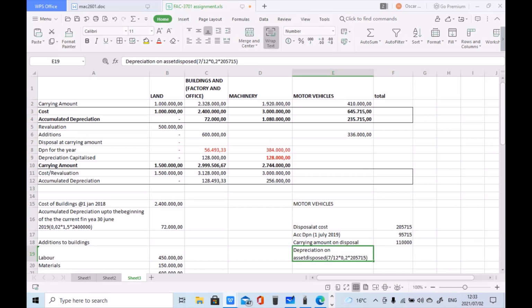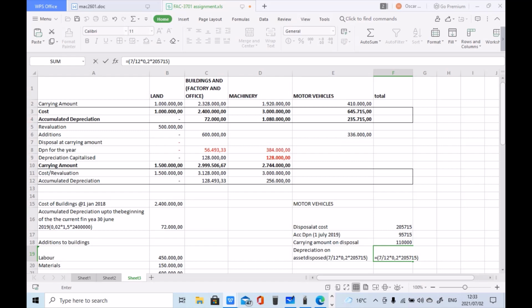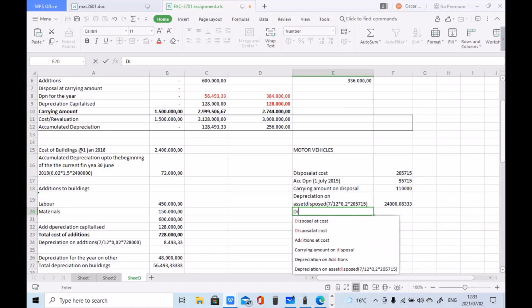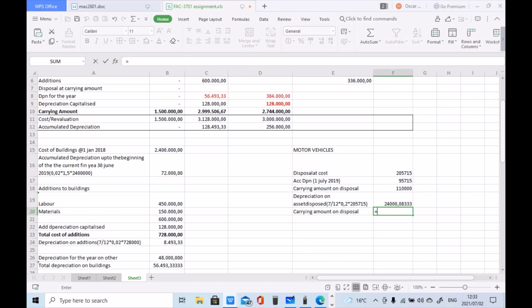So you just put that in there. So the depreciation there gives you 24,000. Now, disposal at carrying amount, on the date that the asset was disposed, you're going to take this minus that.